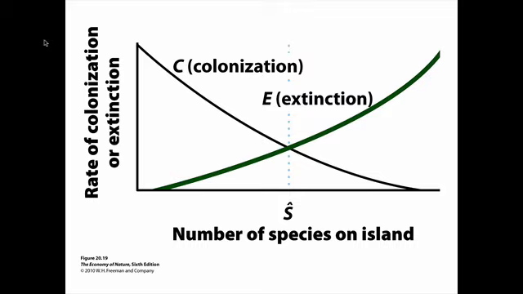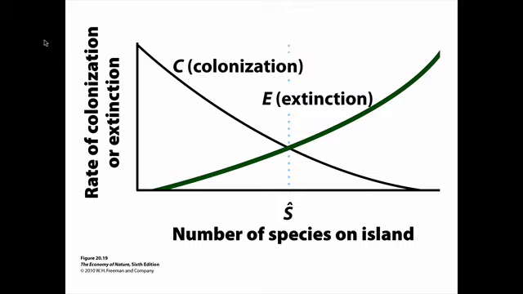But what we're talking about here, in the colonization curve, is the arrival of new species, not the arrival of any species. It's just new species. And that's the key to understanding why this curve goes down.